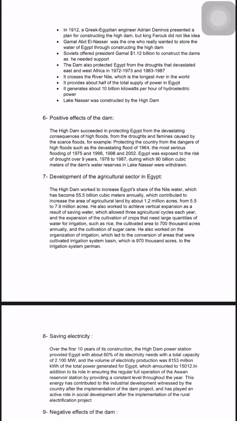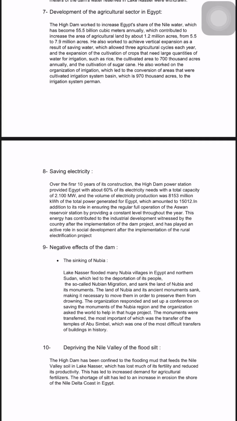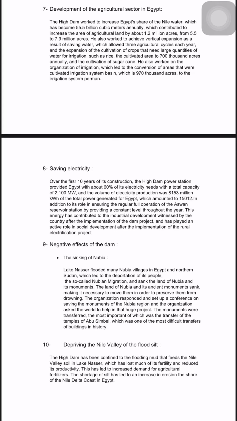Saving electricity over the first 10 years of its construction. The High Dam power station provides Egypt with about 60 percent of its electricity needs, with a total capacity of 2,100 megawatts.